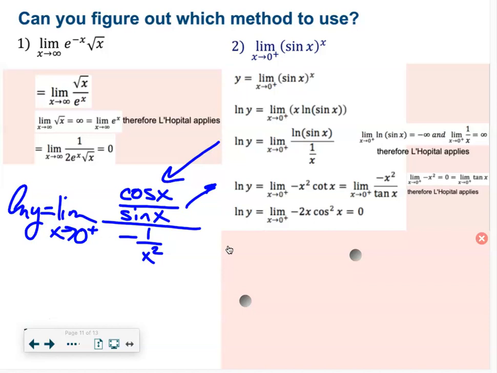All right, so the limit as x approaches 0 of negative 2 times x is 0 times 1 is still 0, so you get a nice limit of 0. Are we done? Is that the answer to our limits? No, what do I have to do? I got to exponentiate both sides, so y actually equals e to the 0, which is 1, therefore our limit is 1.